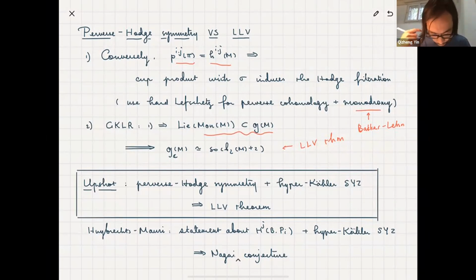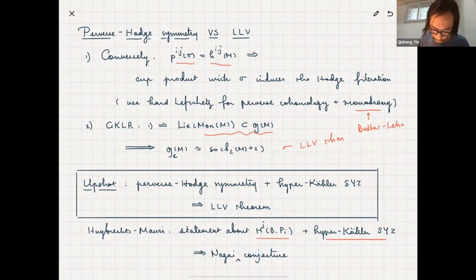And then the rest of the argument is to find a way to approach the perverse equals Hodge identity. There are some similar statements in the same flavor by Hoybrechts and Maulik that I would like to share. It says that, again, if you're willing to assume hyperkähler SYZ, if you're able to deform hyperkähler manifolds to a Lagrangian one, then you can reduce a certain conjecture called Nagai's conjecture on degenerations of hyperkähler manifolds to a statement about the cohomology of these perverse sheaves.